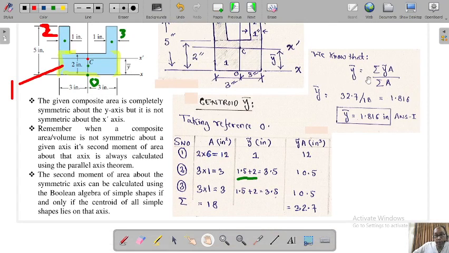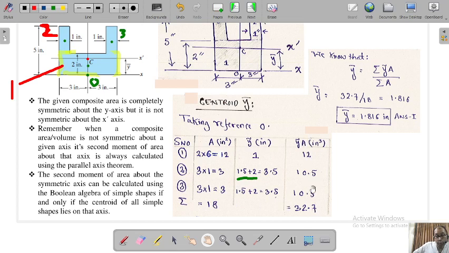So y bar is equal to the same formula: summation of y tilde into A, divided by summation of all the areas. So again, y tilde into A for segment 1 is 12, y tilde into A for segment 2 is 10.5, and the mirror image, segment 3, is also 10.5.